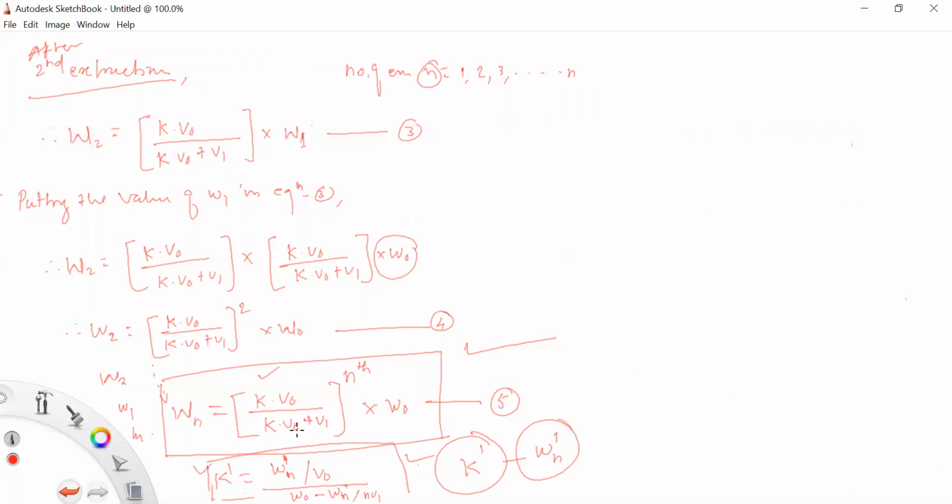Hence this mathematically proves की तुमचं Wn is always less than Wn dash. So that is, we can say that K into V0 upon K into V0 plus V1, this raised to power n, is always less than K into V0 upon K into V0 plus V1.